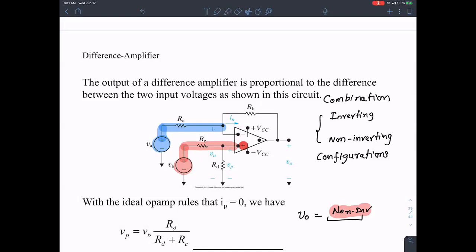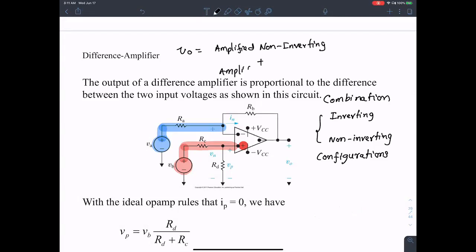The output should have an amplified non-inverting component plus an amplified version of the inverting component.